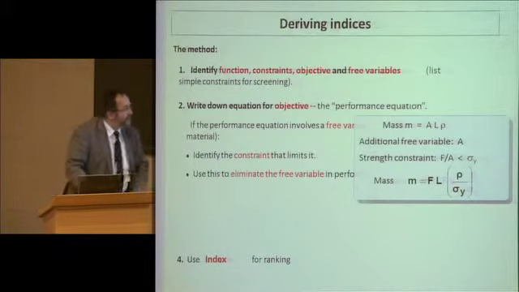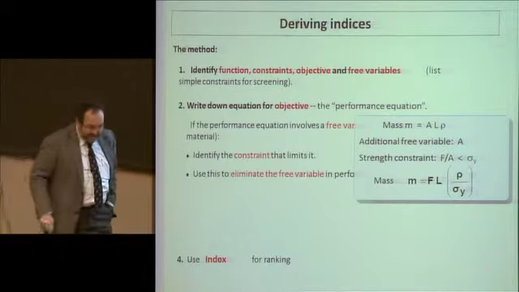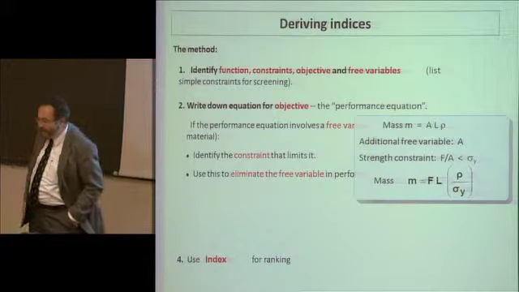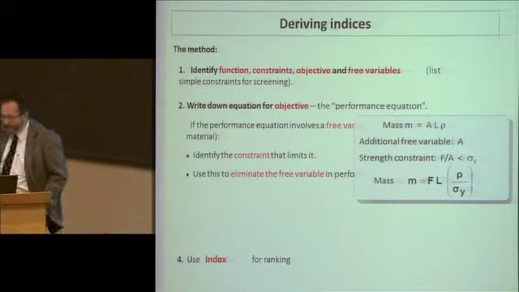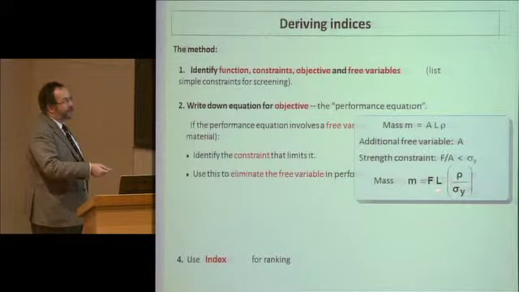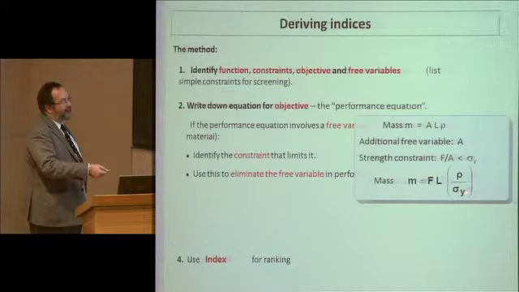A bit of algebra there, but what's interesting when you write this down, it's like the Stoics, there are things that depend on me and things that do not. What I'm in charge of is selecting the material, and what I cannot select is the force and the length.